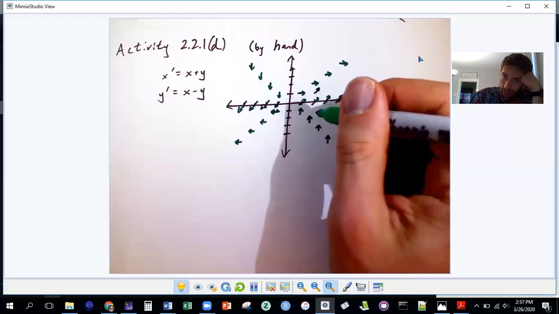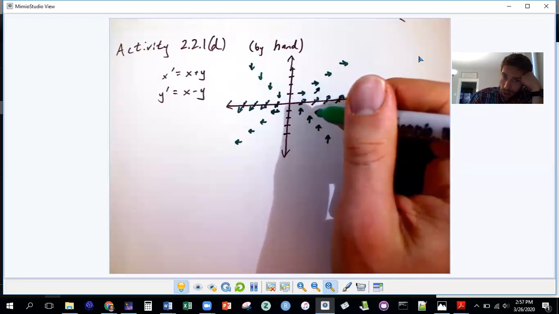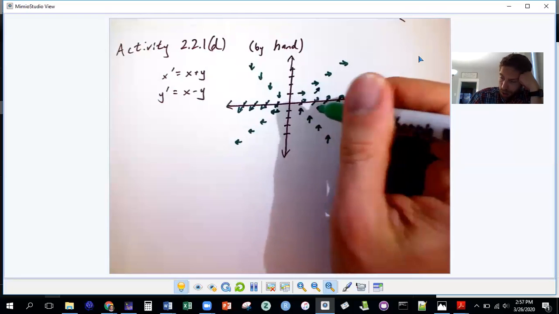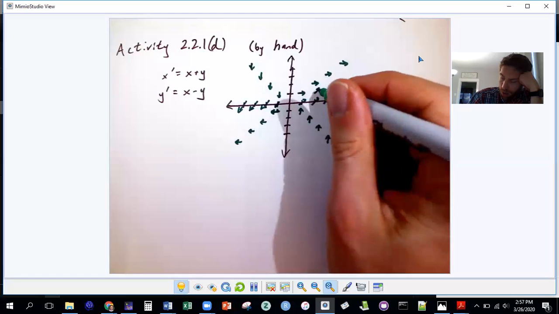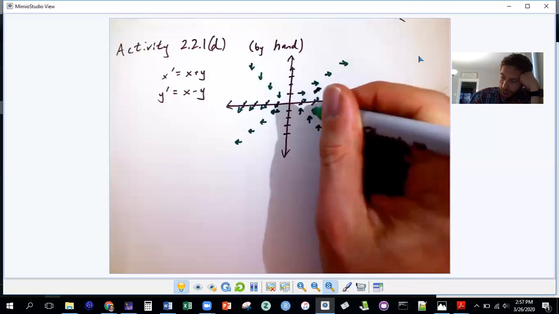And then when x is 2 and y is negative 1, x prime is 1, y prime is, no, so that would be 1/3 here, and 3 here.